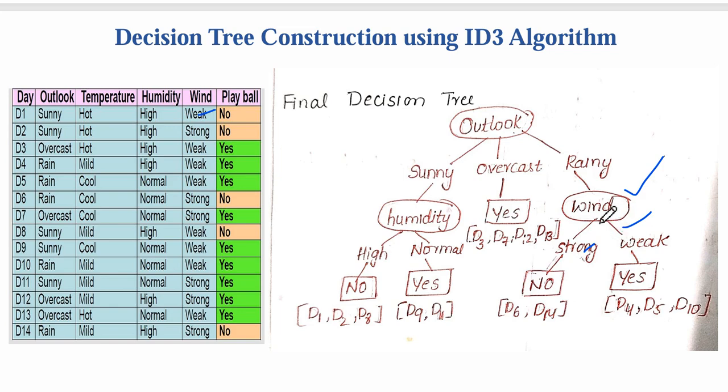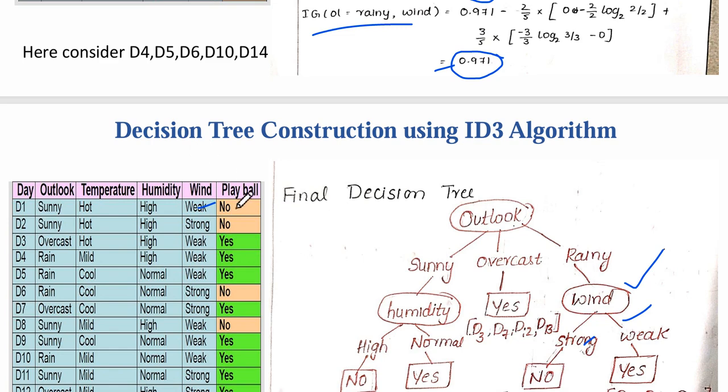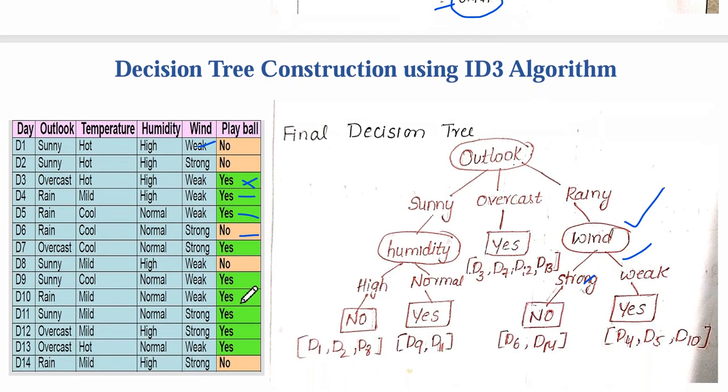So from these records, D4, D5, D6, D10, D14: weak, yes; weak, yes; weak, yes; weak, yes; strong, no; strong, no. So if wind equal to weak, it belongs to yes class.